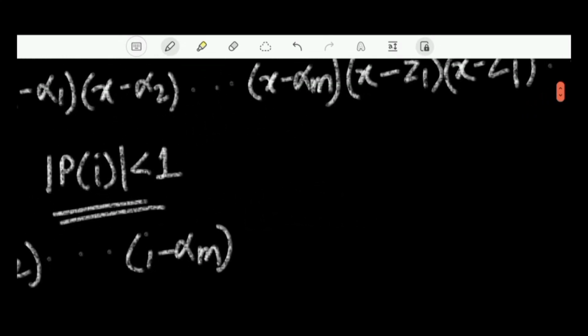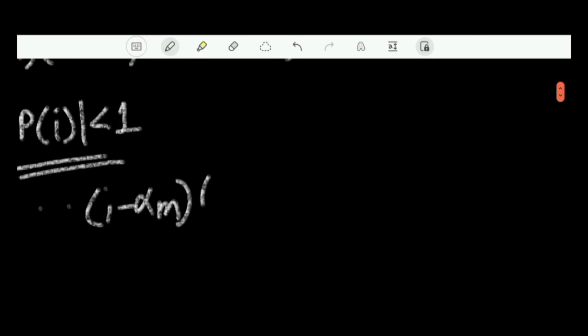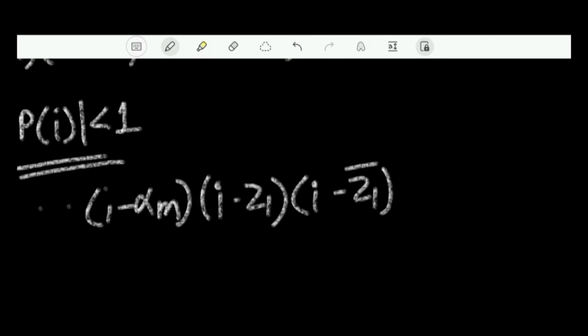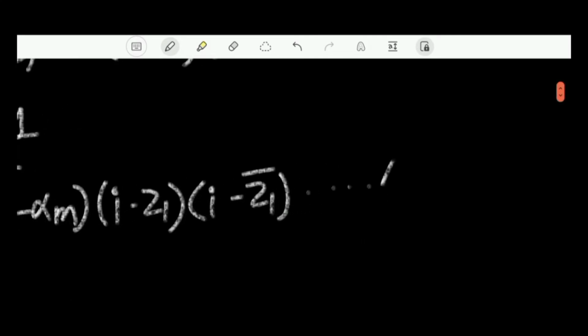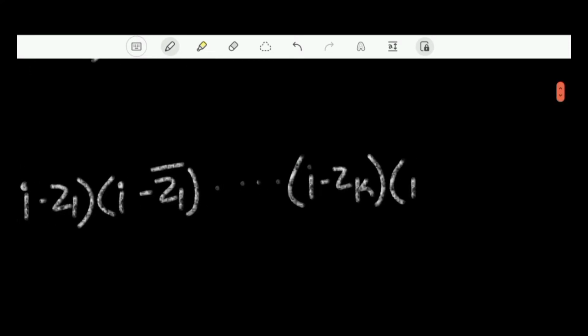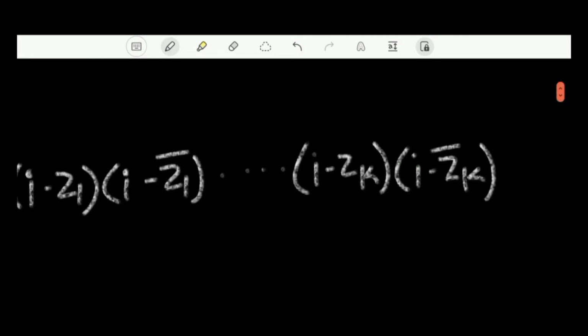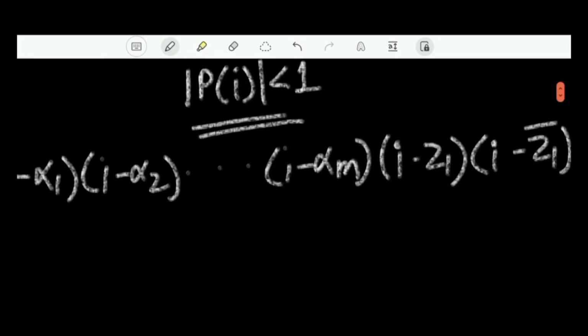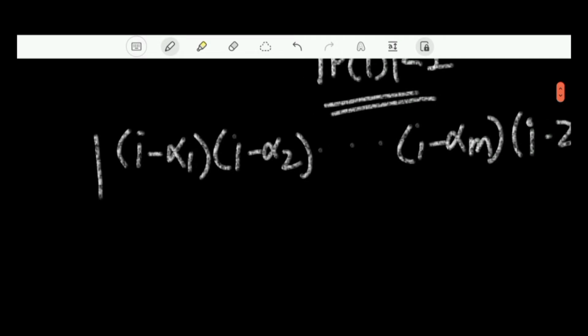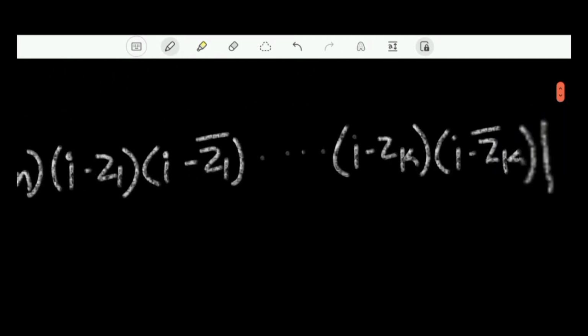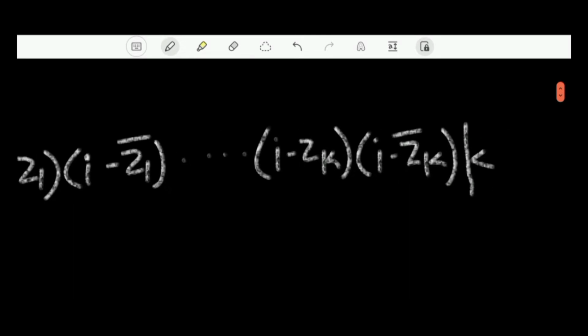And now we apply the same in the complex part: (i − z1)(i − z1 bar), and it will continue up to (i − z sub k)(i − zk bar). And now we are taking the mod of this whole term, and this expression is less than 1.